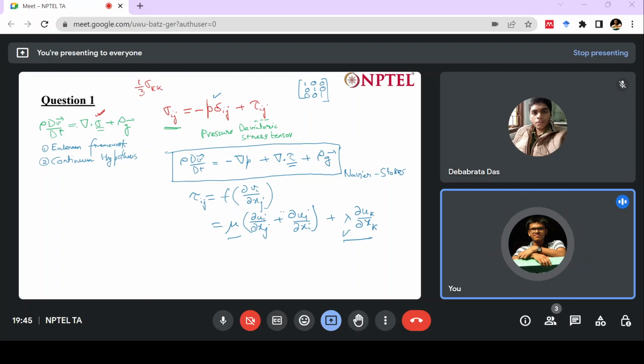The shear strains are represented by this, and mu is used to relate my shear strain components to my stresses. If we substitute it in this equation, we'll get the complete Navier-Stokes equation.